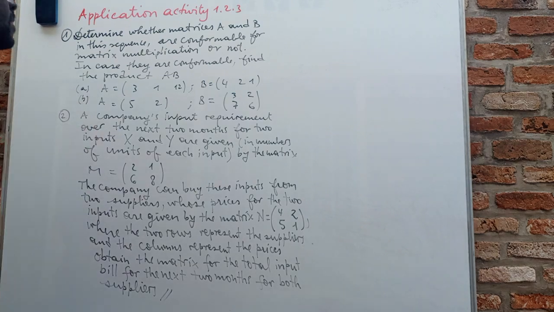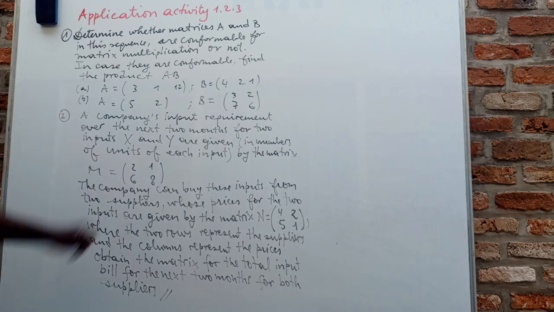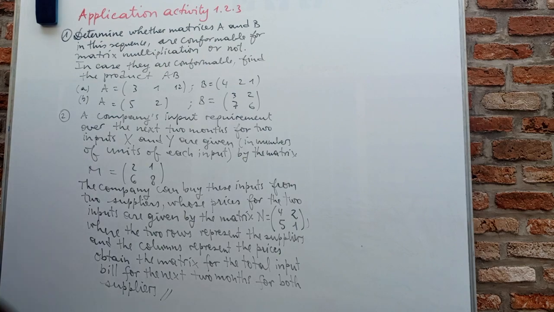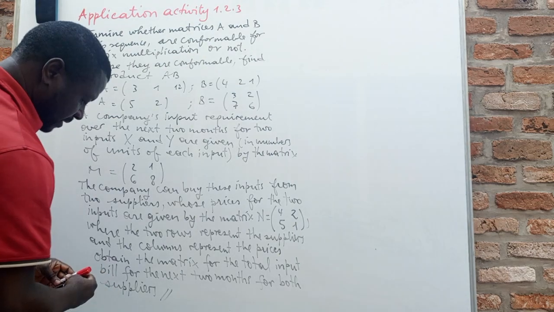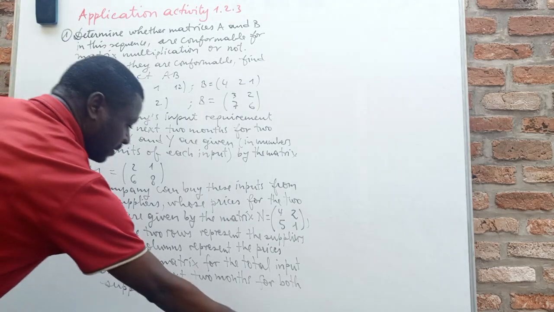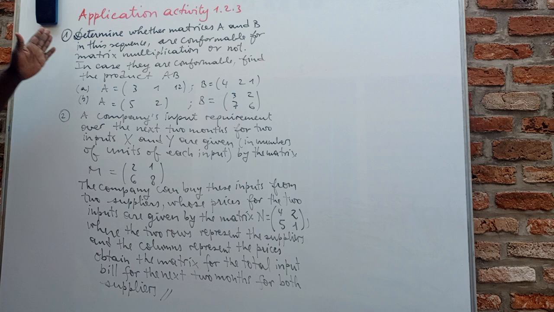Okay, so now this is the application activity one, two, three. This is about matrix multiplication. Here we have two activities.